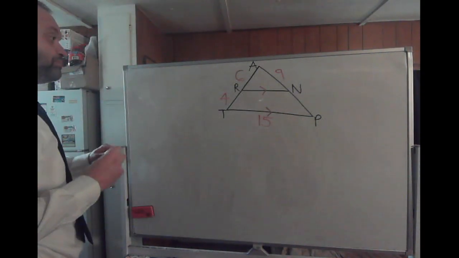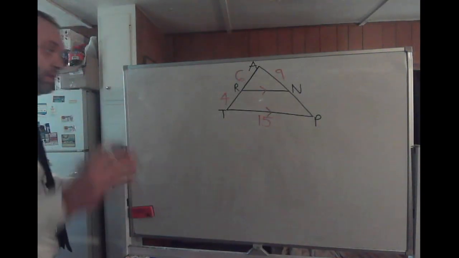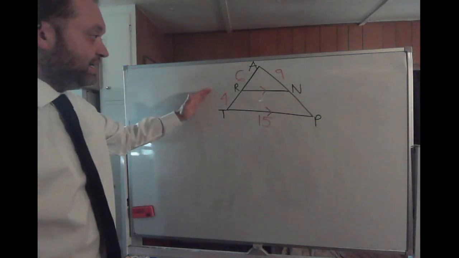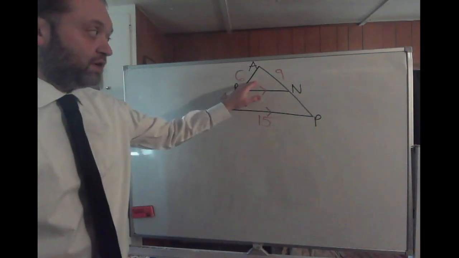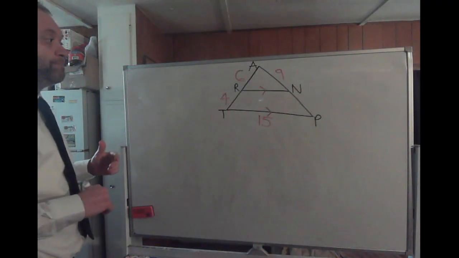Okay, so what we need to do now is find the length of AT, the length of NP, the length of AP, and the length of RN. We have to find the lengths of those that are missing.